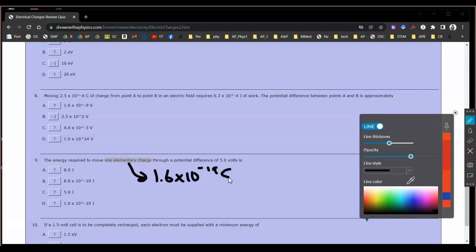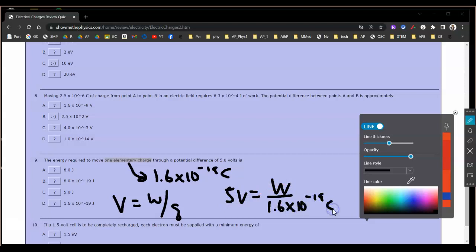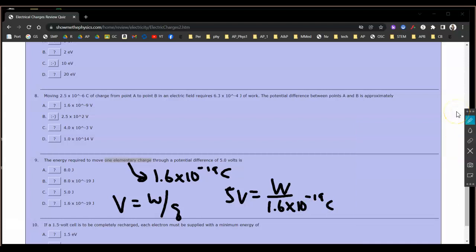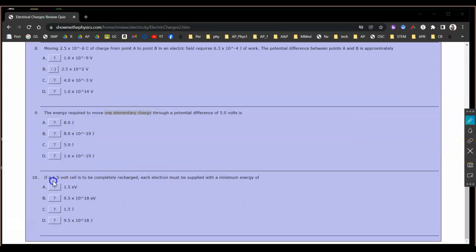J goes with C, so V equals W over Q. So V, the 5 volts, equals W divided by 1.6 times 10 to the negative 19th coulombs. Cross multiply and solve. I think you get B, right?